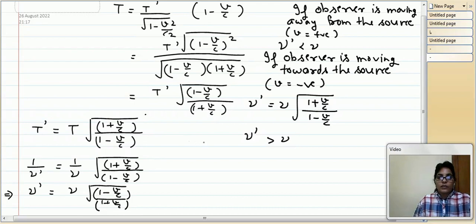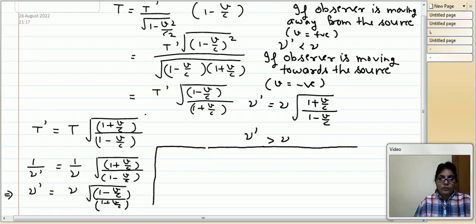So the same equation can be written in terms of the wavelength. So let us write it in terms of the wavelength. So what will happen? Nu is equal to C by lambda.